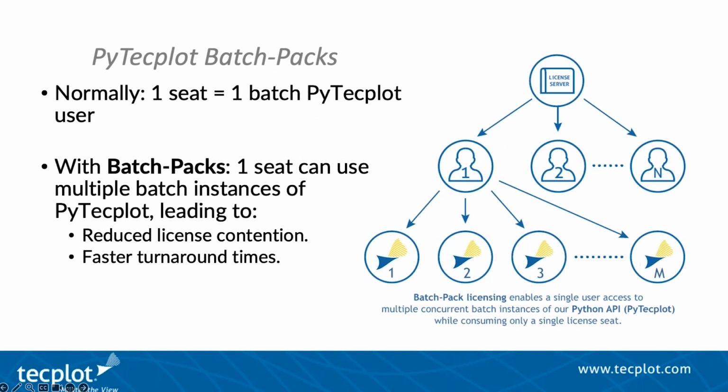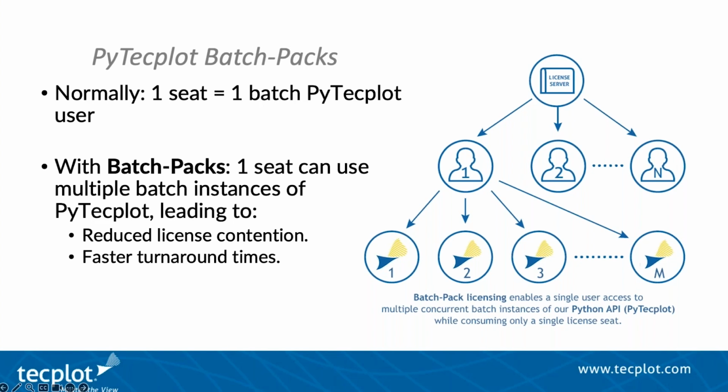So here we have batch packs. Now, this is an alternative license type if you have a network license. So when running batch mode, one natural speed up you may think of is splitting work into multiple processes. When running a script, each process that your script uses consumes a seat of a batch license. However, with batch packs, you can use many processes all while only consuming that one seat.